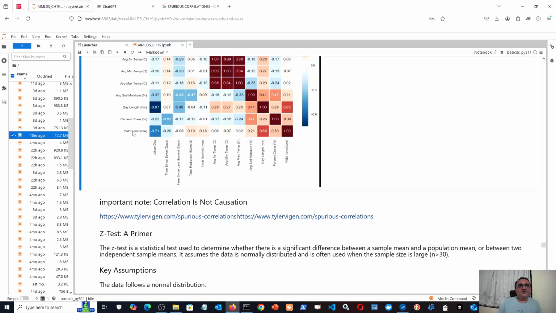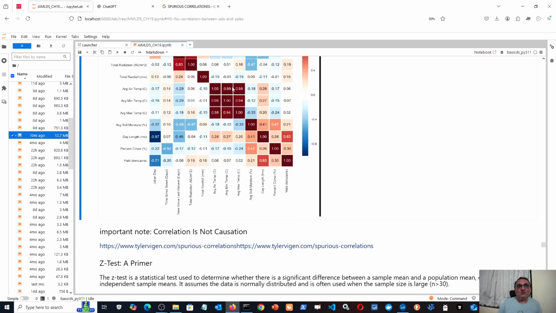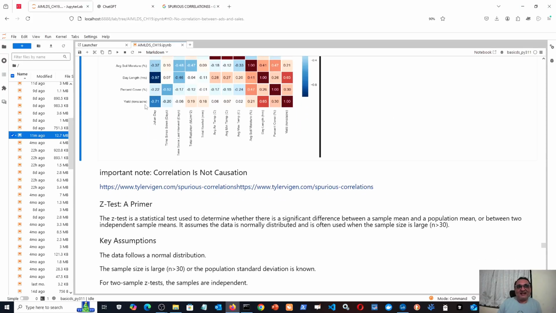So I can not only decide which feature variables are capturing more or less equal information, and therefore remove some, say out of these three keep only one, for reducing overfitting, but I can even get a rough idea of my model: y is equal to beta 0 plus beta 1 into time since sowing, and beta 1 should be negative because this correlation is negative, plus beta 2 into total radiation, and that beta 2 would be positive, plus beta 3 into total rainfall, and beta 3 also should come out positive.